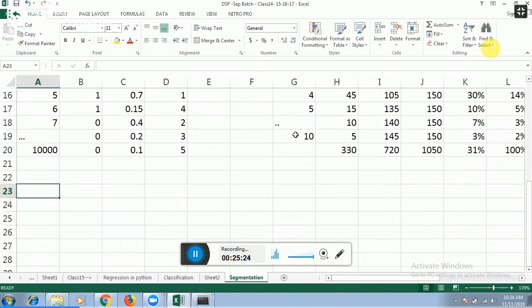Okay, cool. If you are clear with this, the classification problem we solved with the help of logistic regression. The next type of problem is segmentation. So what is segmentation?